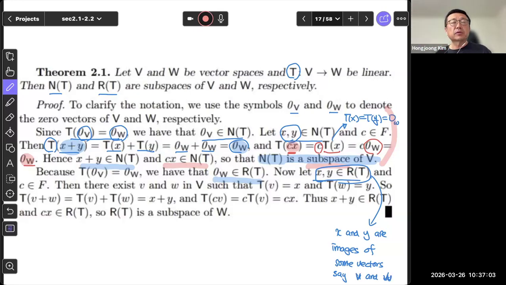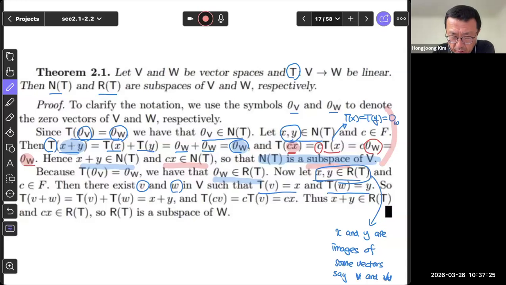So there exists a certain vector V such that V is mapped to x, and there exists another vector W such that W is mapped to y.